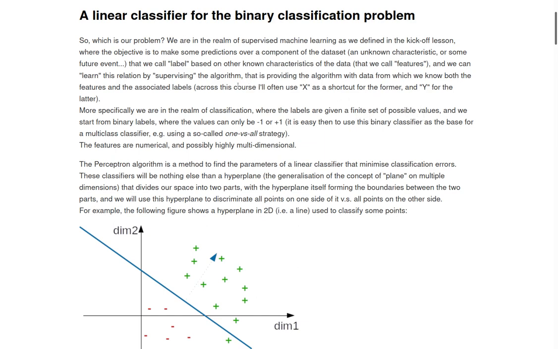So here we are with perceptron. We are in the classification kind of task. And more specifically, we limit ourselves to a dichotomic classification, a binary classification, where the labels can take only two values. And for numerical reasons, we are going to label these two values as -1 or +1. But of course, it doesn't matter whatever label we give.